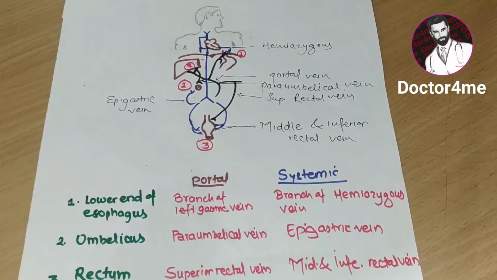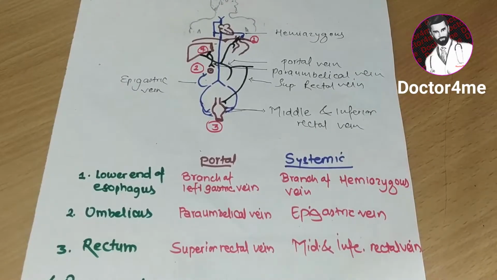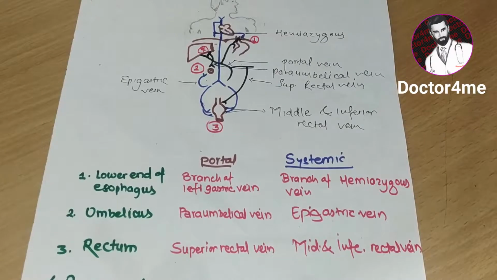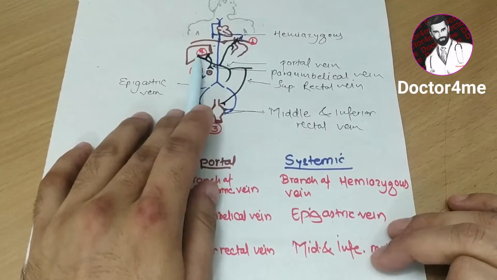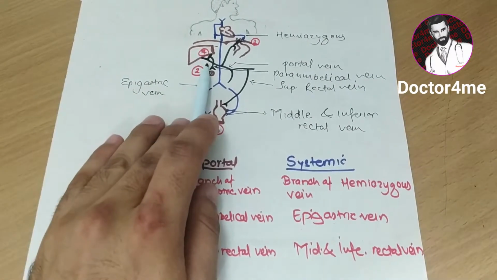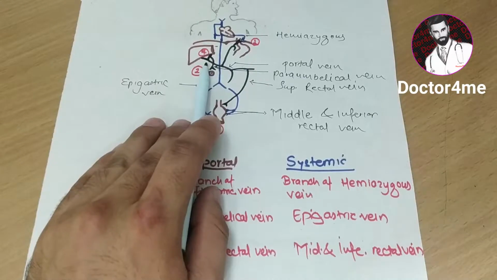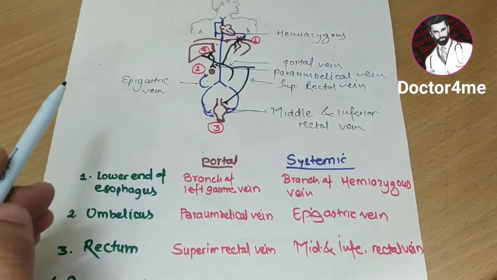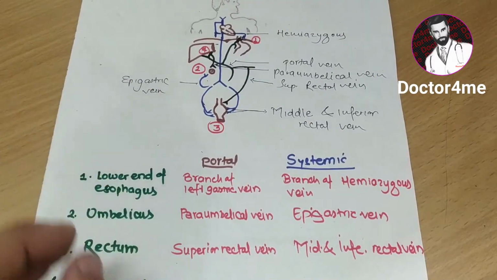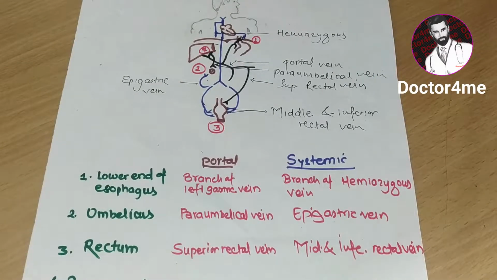So now we'll talk about the clinical anatomy of this portocaval or portosystemic anastomosis. The portal pressure is normally about 5 to 15 millimeters of mercury, and it is called portal hypertension when the pressure exceeds that.